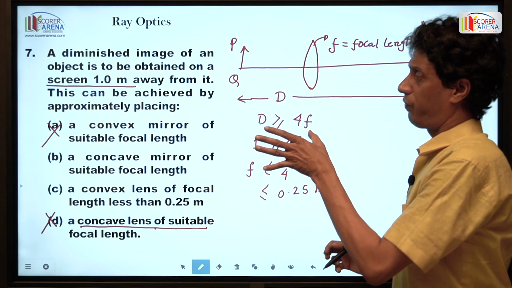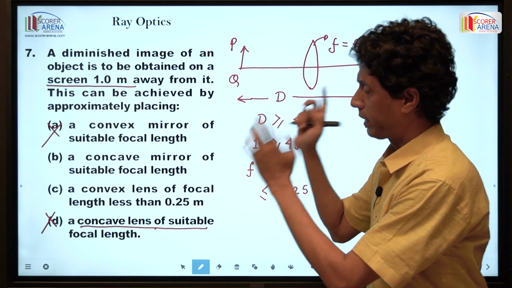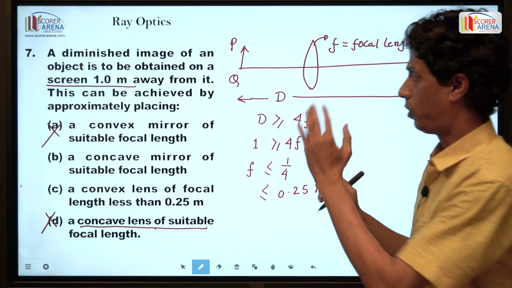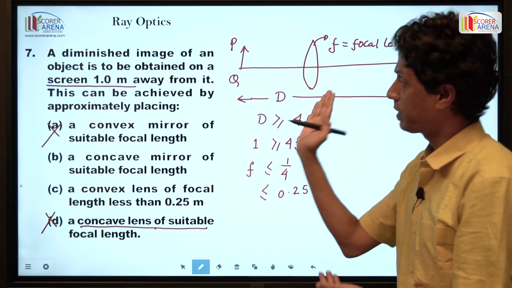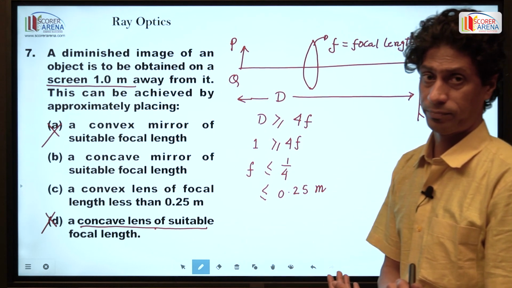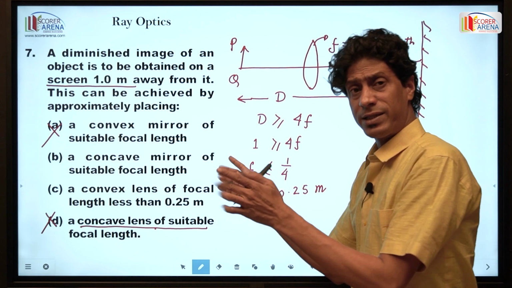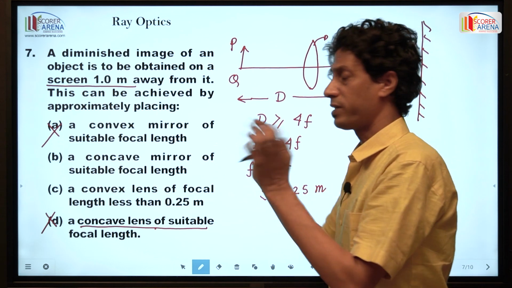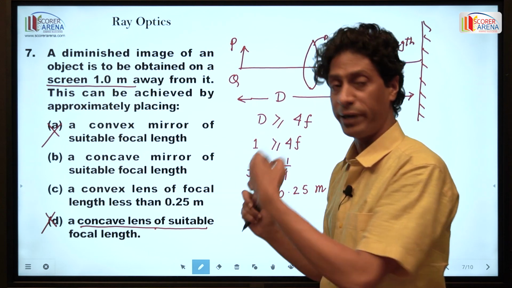But in the case of concave mirror, object and image always remain in the same side of mirror, that is the same side of focus. So the minimum distance between object and image is not a question here. There is no question arise in the case of concave mirror.